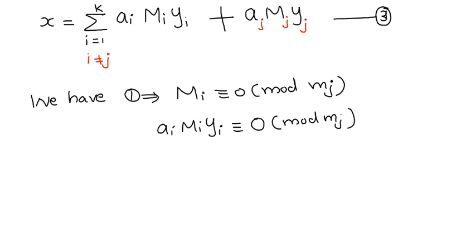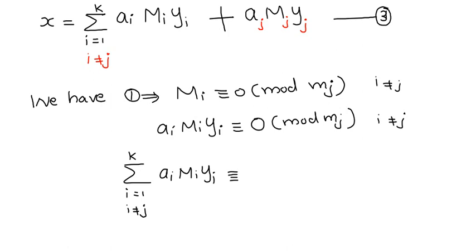Here i is not equal to j. So the sum over i, adding these congruences except j, ai Mi yi is congruent to 0 plus 0 plus 0 plus etc. That means 0 mod mj.